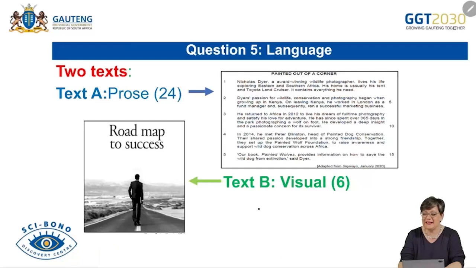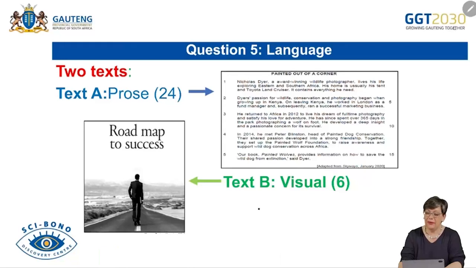He returned to Africa in 2012 to live his dream of full-time photography and satisfy his love for adventure. He has since spent over 365 days in the park photographing a wolf on foot. He developed a deep insight and a passionate concern for its survival. In 2014, he met Peter Blinston, head of Painted Dog Conservation.